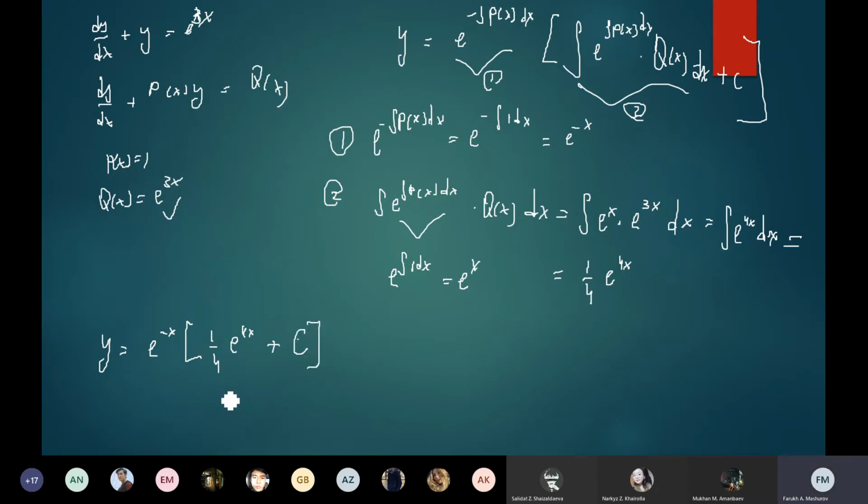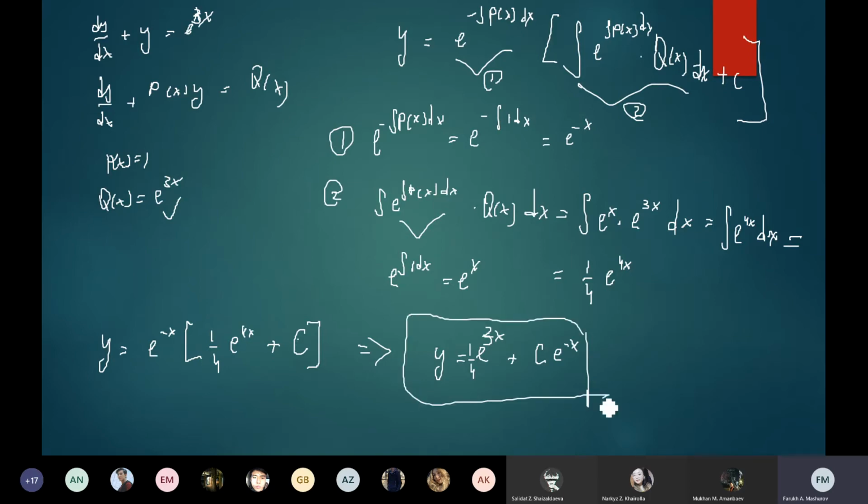This will be the solution of this differential equation. You can also write it this way: e to the power minus x times the bracket. If you multiply minus x by 4x, what will be here? 3x, just e to the power 3x, and here will be 1 over 4 plus c e to the power minus x. So this one will be the solution of your linear differential equation.